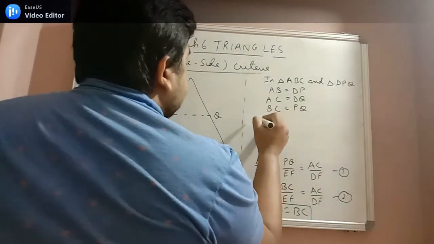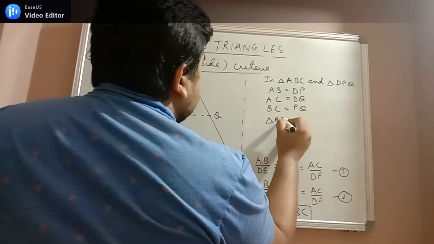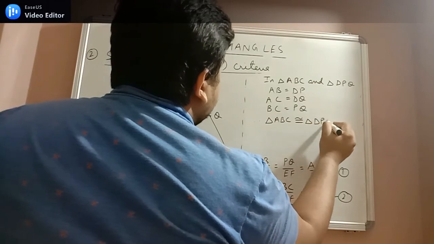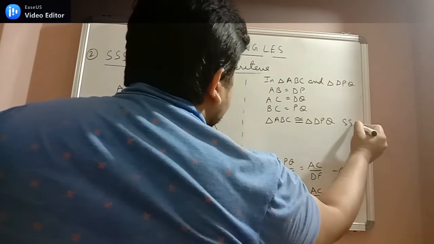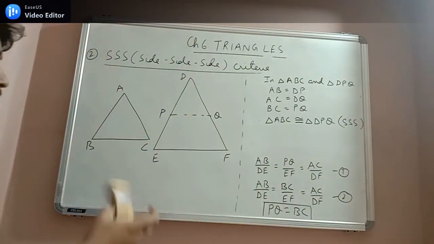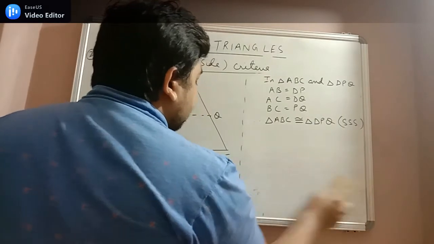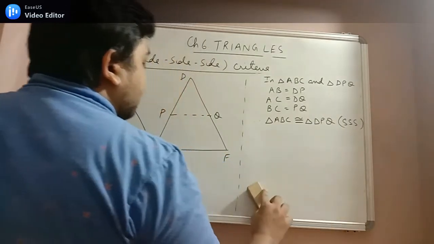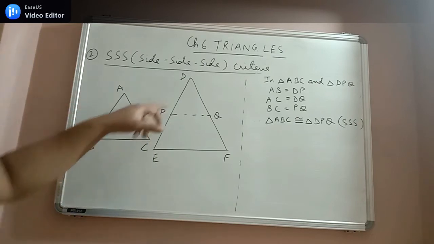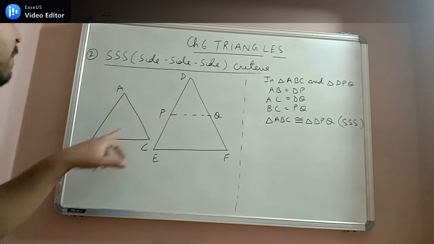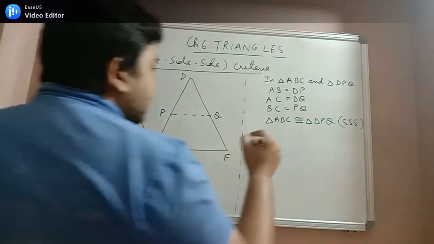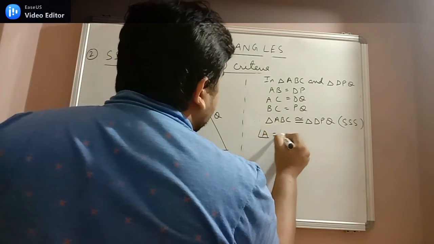So therefore I can say that triangle ABC is congruent to triangle DPQ by SSS criteria of congruency. Now once I have triangle ABC congruent to triangle DPQ, one can say that angle B equal to angle P and angle C is equals to angle Q. So also angle A equal to angle D.